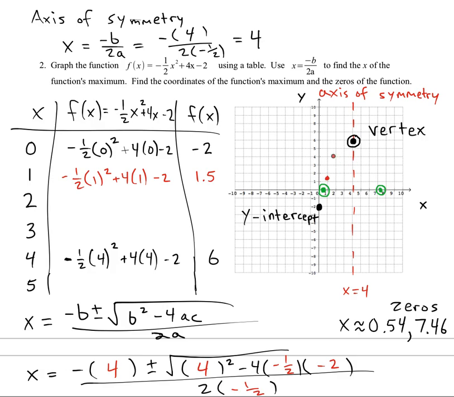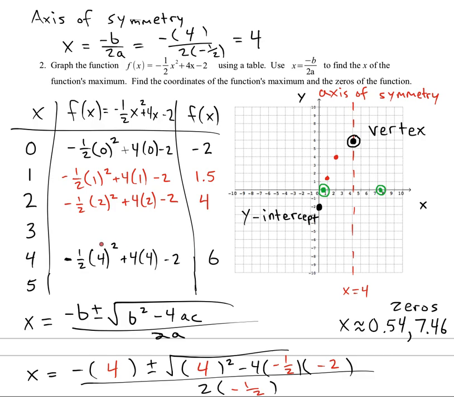So this would be a point on our parabola. Let's try an x of 2. The output is 4 now.